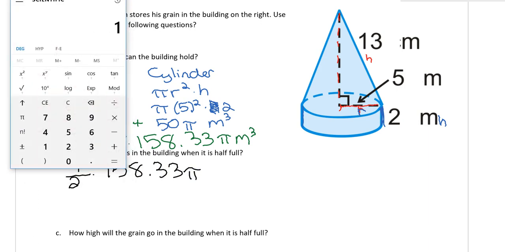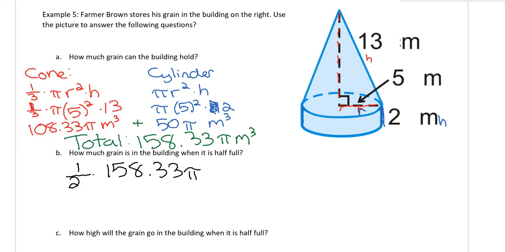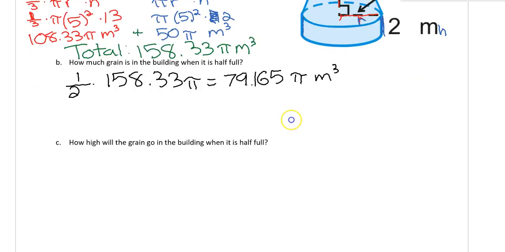And I have about 79.165 pi meters cubed. Okay. So with that one, I'm just seeing what half of that original volume is.